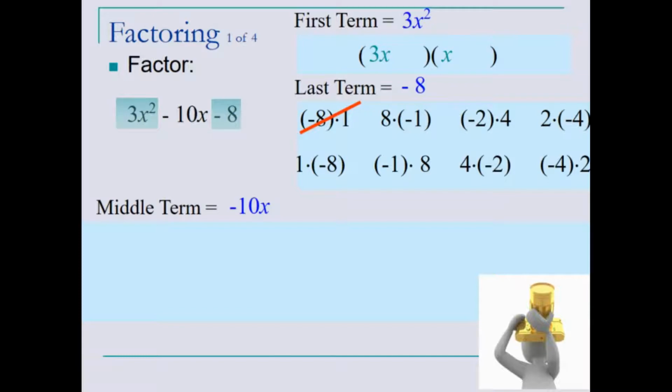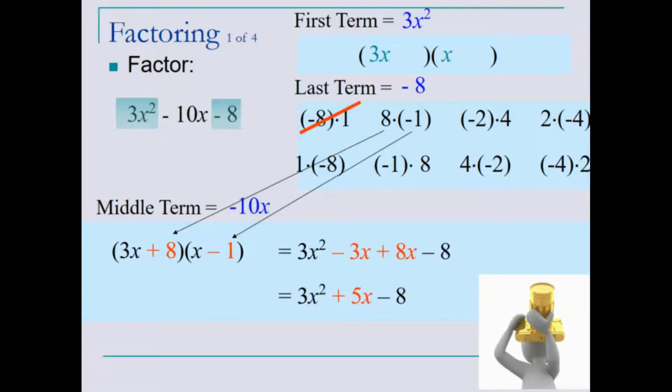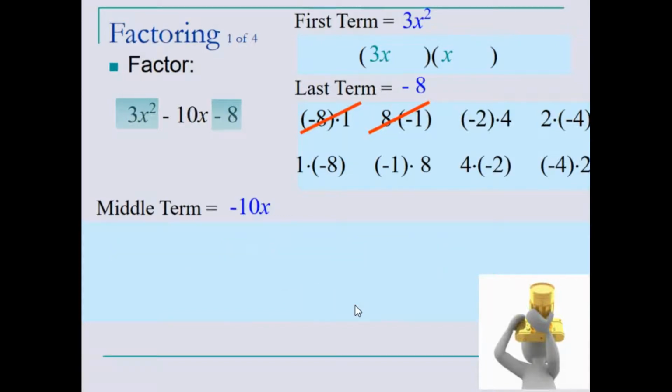It should be noted that in the next pair, the only difference is that the positive and negative signs have been switched on the same two factors, and as we follow this through, you'll notice that we end up with a positive 5x, where in the last one we had a negative 5x. We could have skipped this step knowing that we aren't getting the middle term of negative 10.